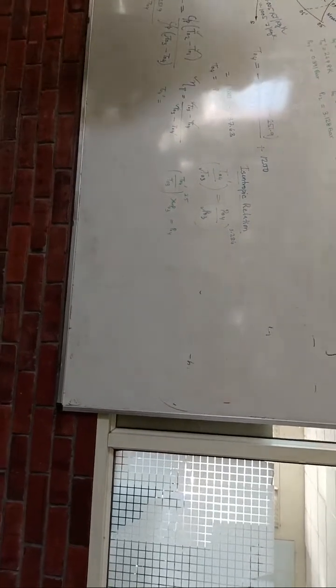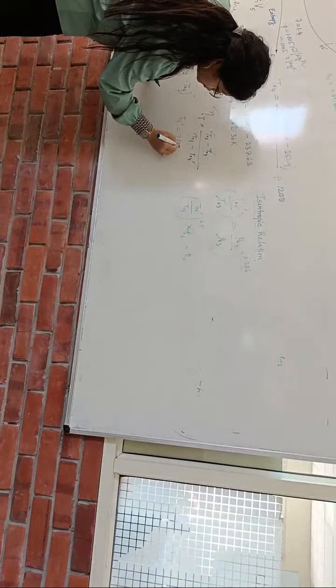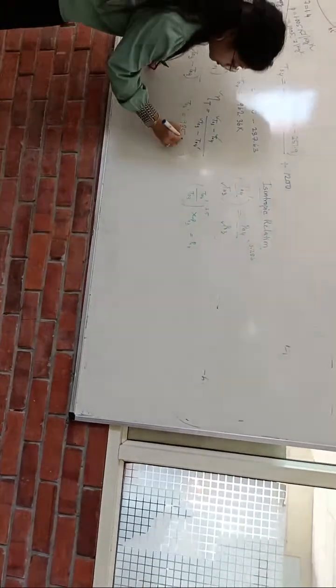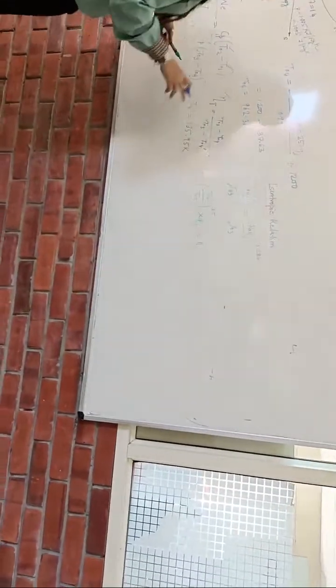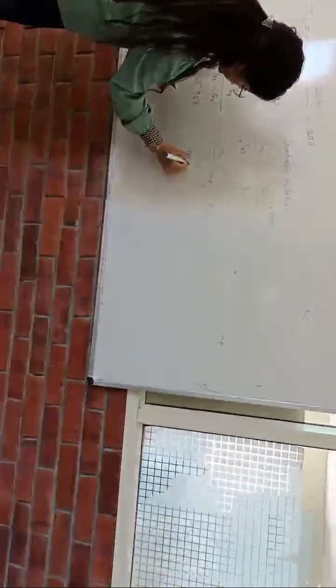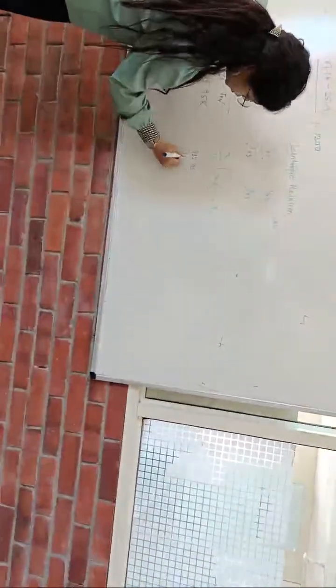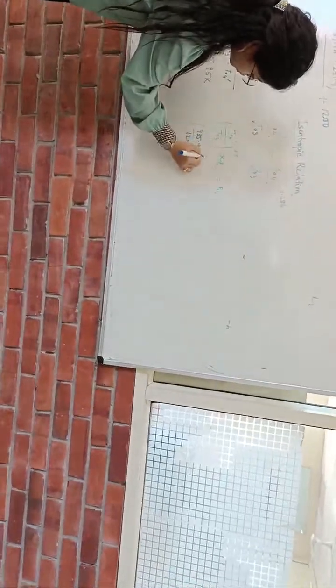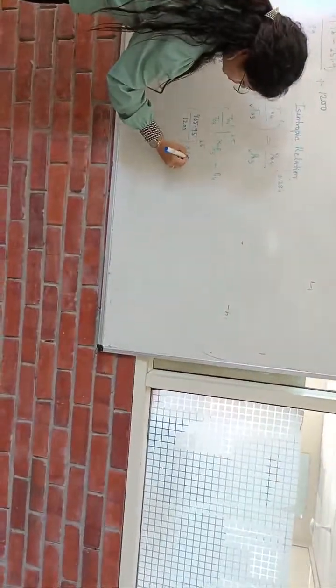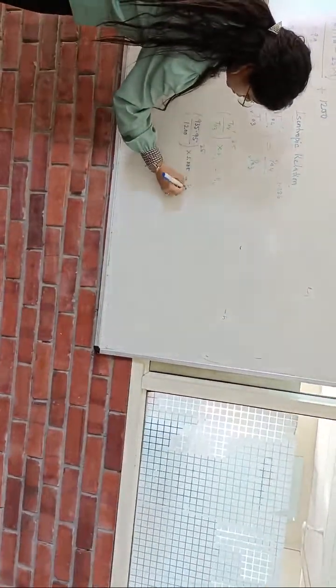You got your answer? T naught 4 prime: 935.95 Kelvin. You got your answer here. Now substitute over here: 935.95 by 1200 to the power 3.5 into P naught 3, which is 3.088, and you will get your P naught 4 value.